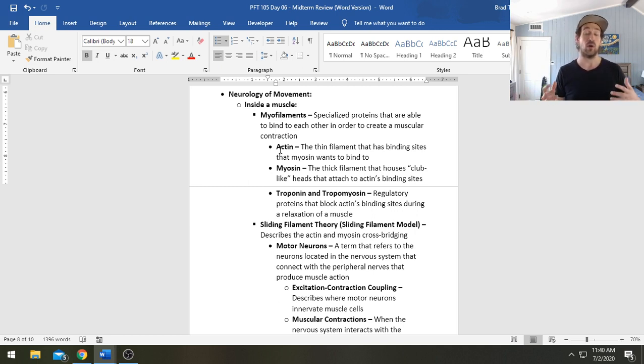And so you've got two thin strands of actin and a central myosin strand with arms over here and arms over here. And they both reach up, grab, and pull towards the center. And that draws actin towards its midline, and that shortens the muscle cell. And so if that's happening in thousands of muscle cells simultaneously, you're going to experience a muscular contraction.